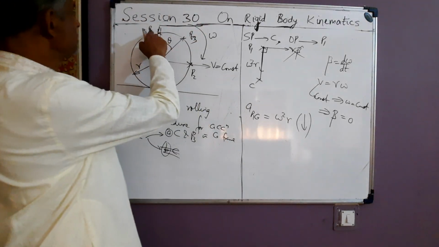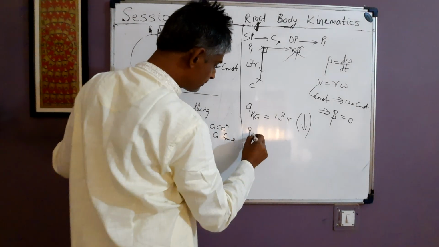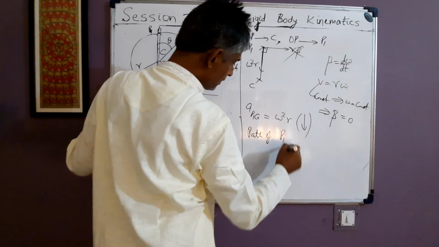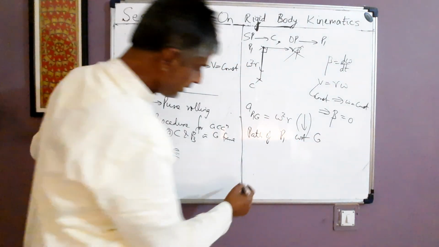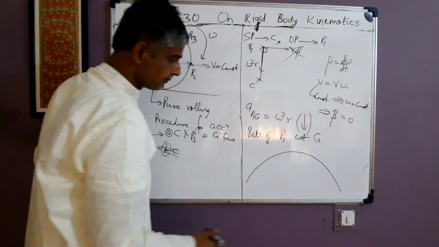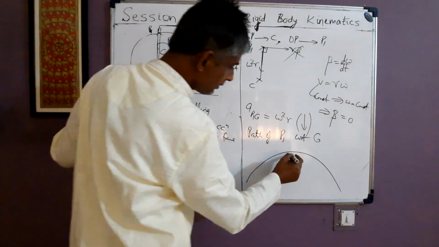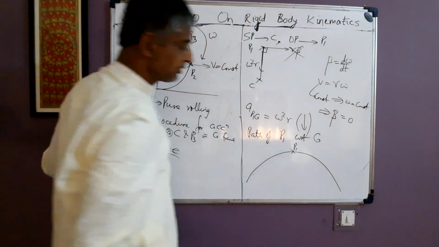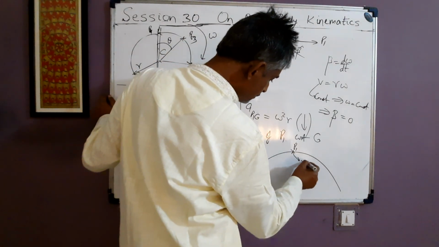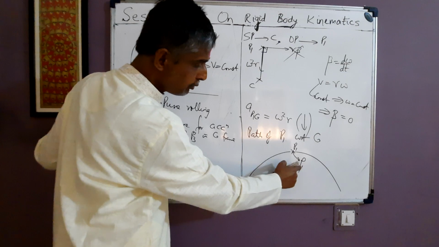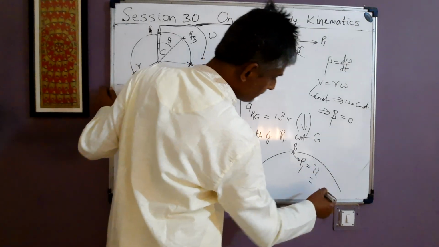If I draw the approximate trajectory of point P1 with respect to ground, it is something like this. This is the cycloidal path of P1. At the instant shown, P1 is at this point. Now the radius of curvature of the curve at this point is rho 1, which we have to determine.